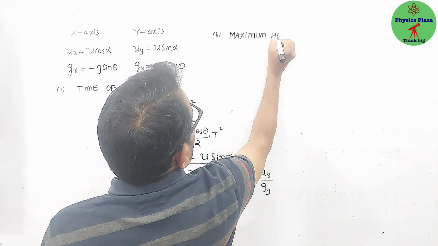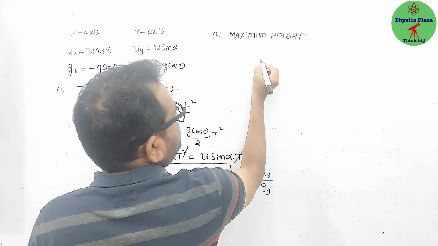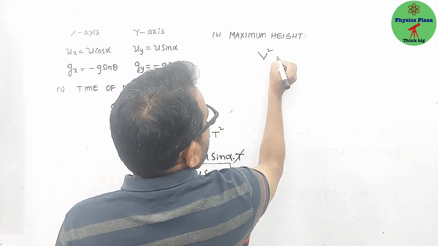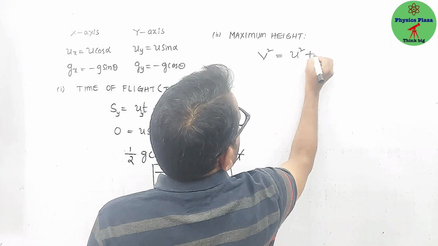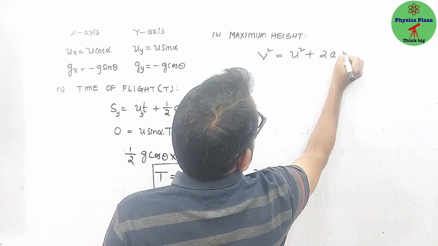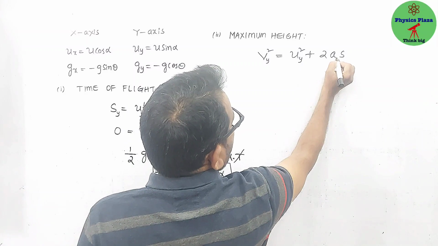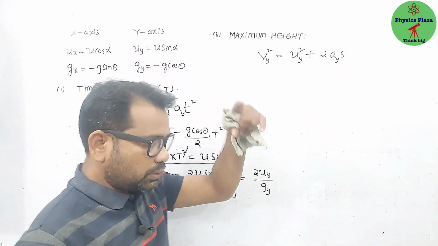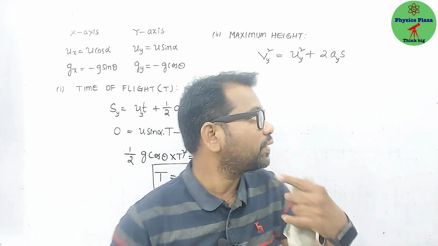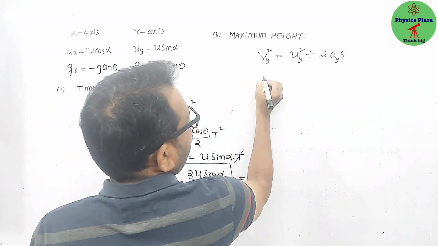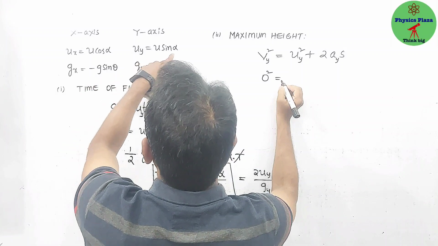Let us take the expression v square is equal to u square plus 2as. We consider the vertical motion, because the height of the projectile is in the vertical direction. So vy is 0 at the maximum height, and uy is u sin alpha, squared.